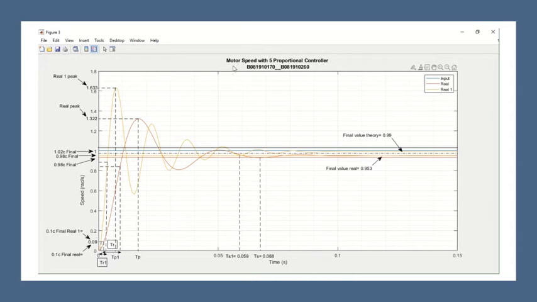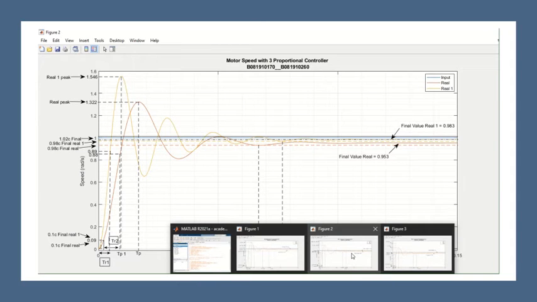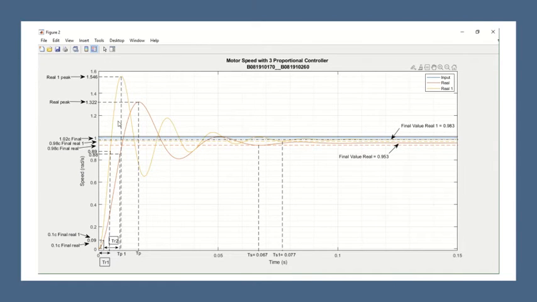So basically the 5 gain is still the same as the 3 proportional gain, where the response is higher than the original peak. So as I can say, when we use the higher gain, the response will pass the original graph.